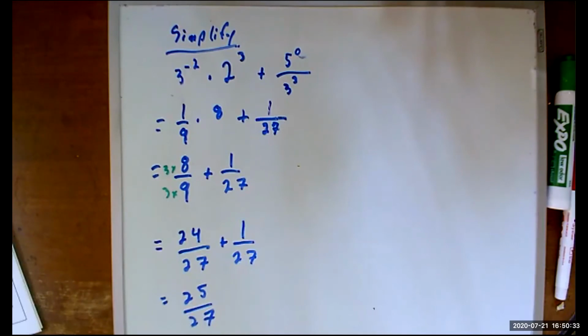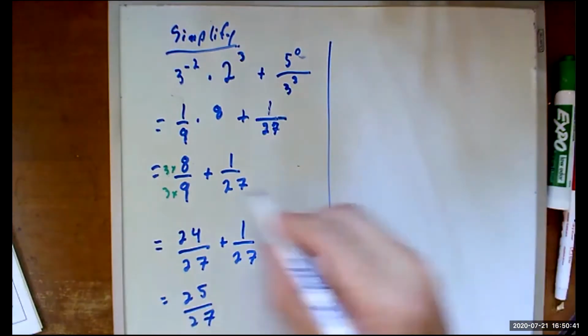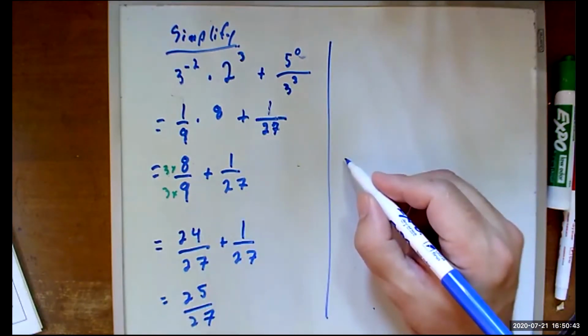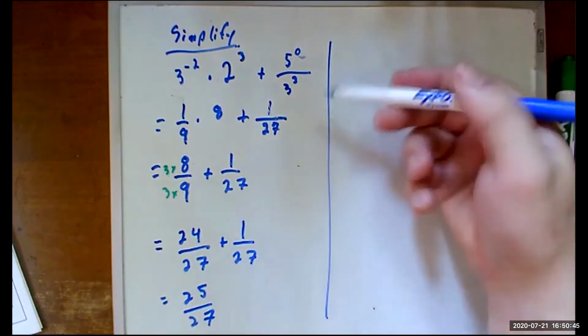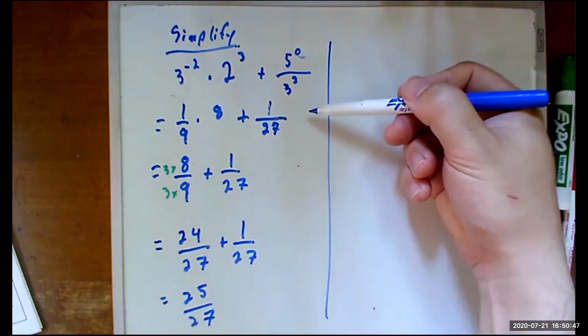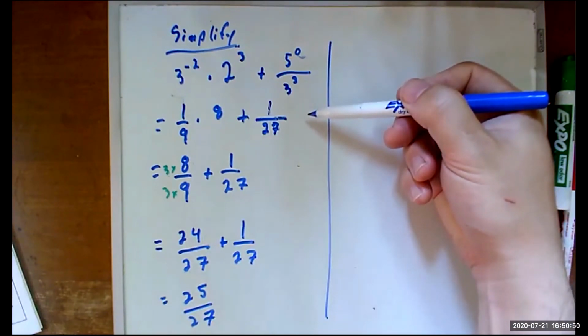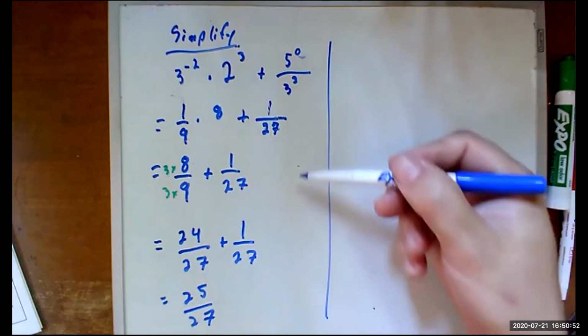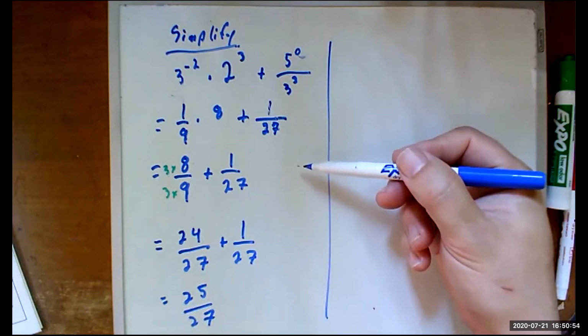Why not write 8 times 27 plus 1 times 9 over 1 times 27? I'm not sure I understand. Let me just write out what I think you're asking here, Lauren. Oh, you were talking about up here, at this stage here.